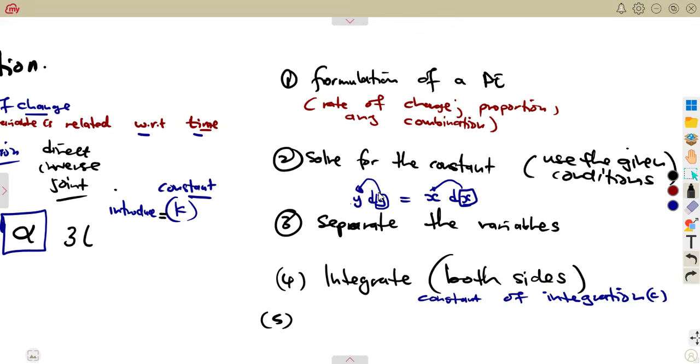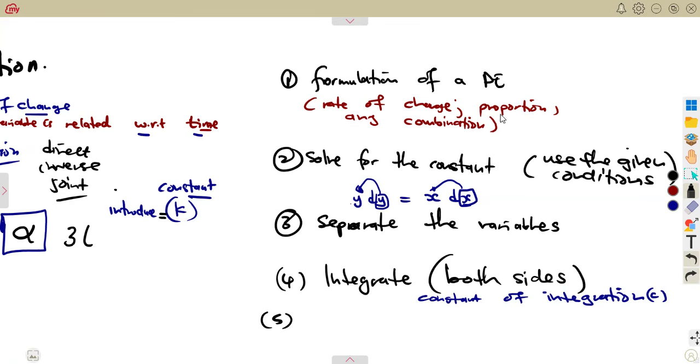Remember, you'll be given those initial conditions that you had before. So in calculating C, you use those conditions. But if you are not given any condition with which to calculate C, then C will represent the general solution. The moment you calculate your C, you have the particular solution.